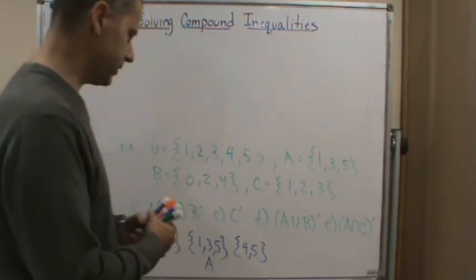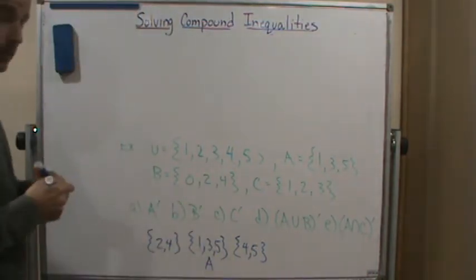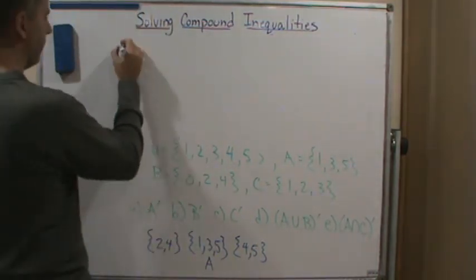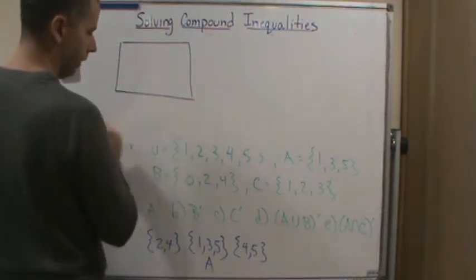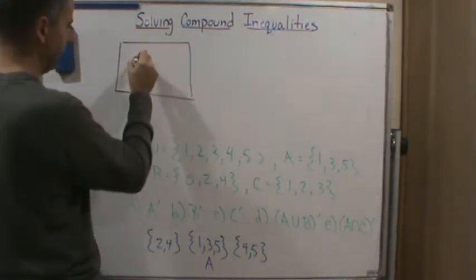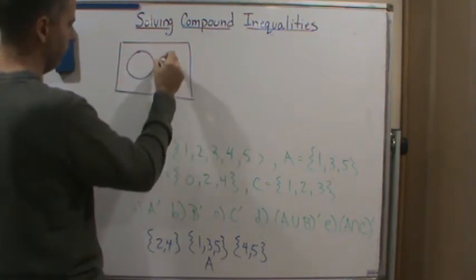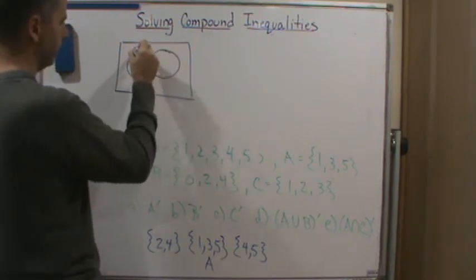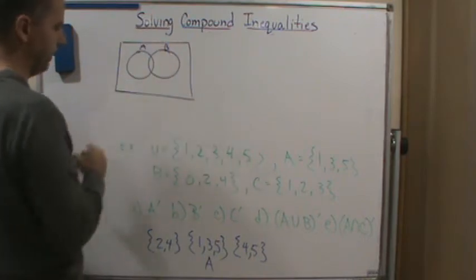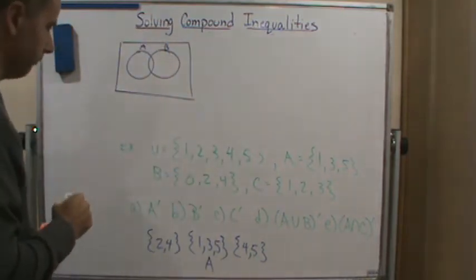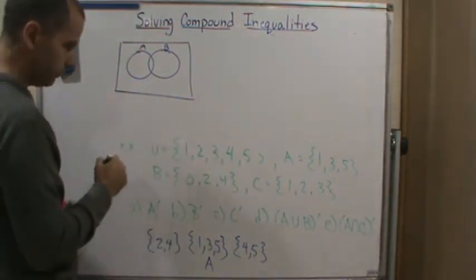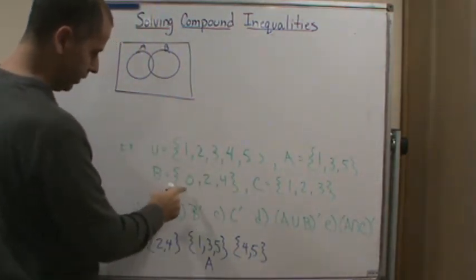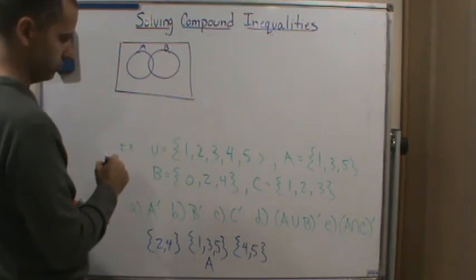Okay, so let's draw a Venn diagram to help us figure this out. Here's A, and here's B. What's A? Well, A is 1, 3, and 5. And what's B? 0, 2, and 4.